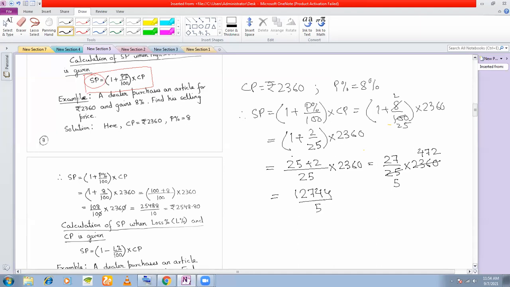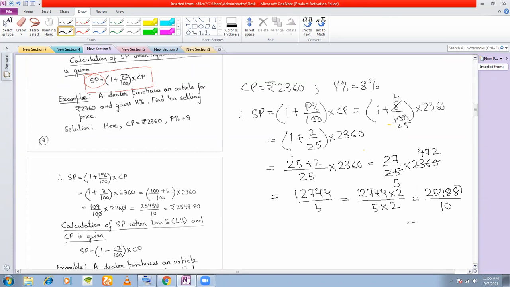Now, if you already cancelled this, you can find it out normally also, the way you do, but a better way is that if you make the denominator 10, it will be more convenient, right? So what you do is you multiply the numerator and denominator by 2. This is just a more convenient method of calculation, okay, which I am showing you. So you will get here 25488 divided by 10. Now it becomes more convenient.